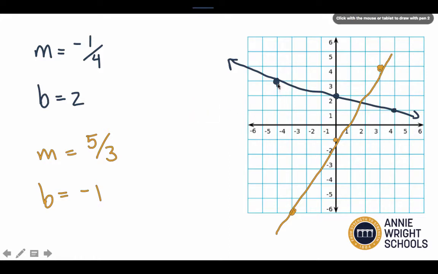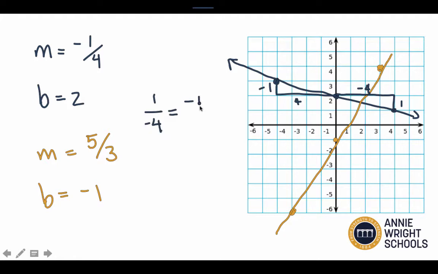The original line that I graphed, this is a negative 1, this is a positive 4. Rise over run. This is another way to think of it. This is a positive 1, but this is a backwards 4. Up 1, back 4 is the same as down 1 to the right 4.